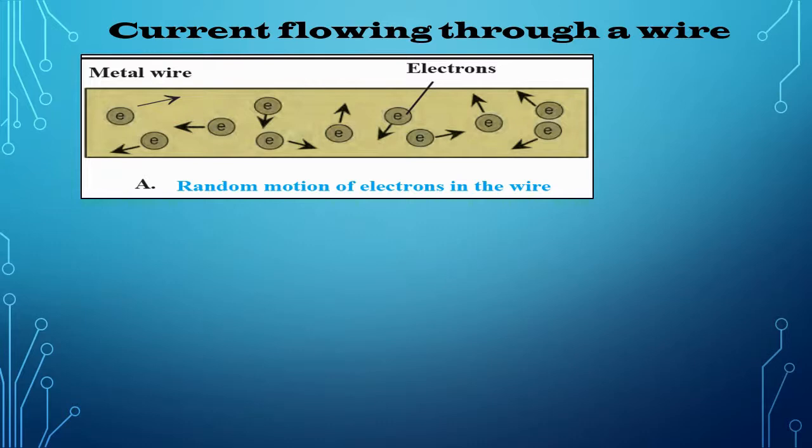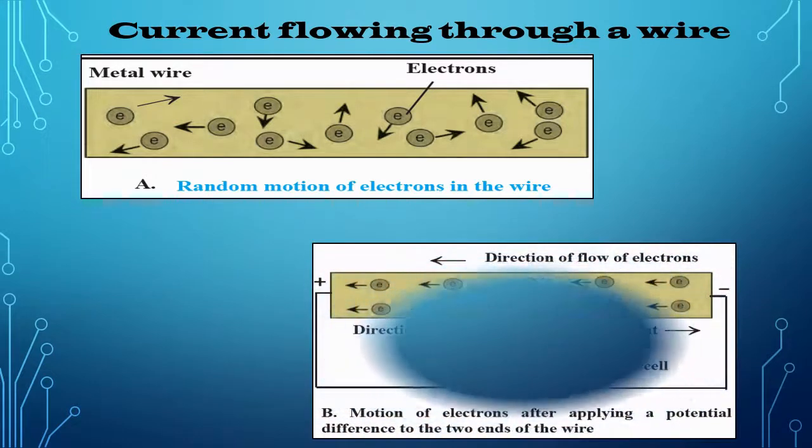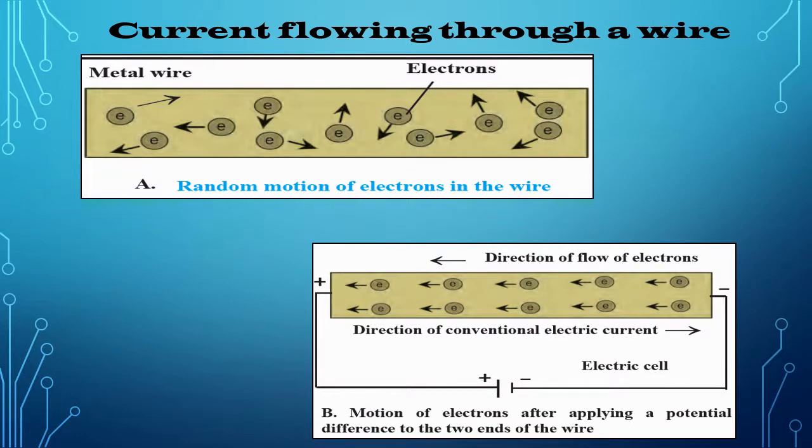Being negatively charged, they start moving from the negative to the positive terminal of the cell, as shown in figure B. Due to the flow of these electrons, current starts to flow through the wire. This motion of electrons is irregular, but there is a definite non-zero value to their average velocity.